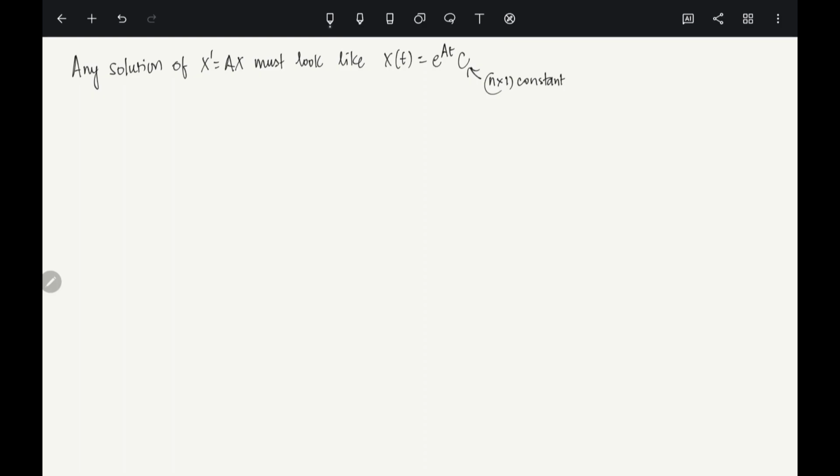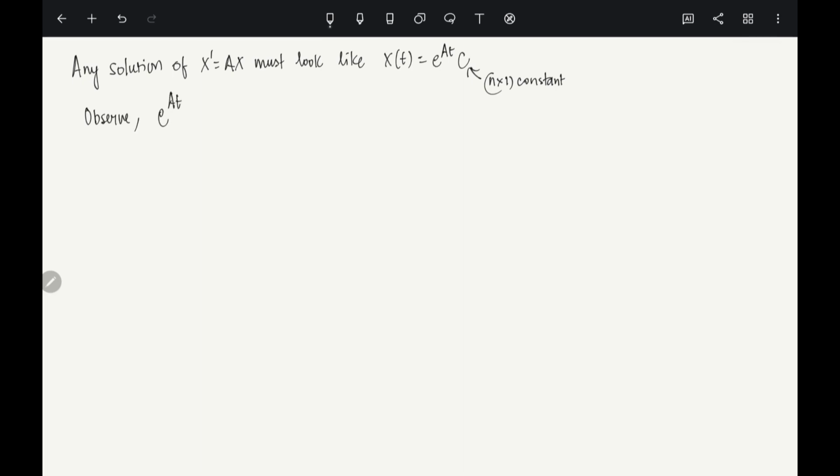Now the thing is, we can manipulate this a little bit. We will see how we can find n linearly independent vectors. Therefore observe e to the power At. If we can find e to the power At, we are done, right?